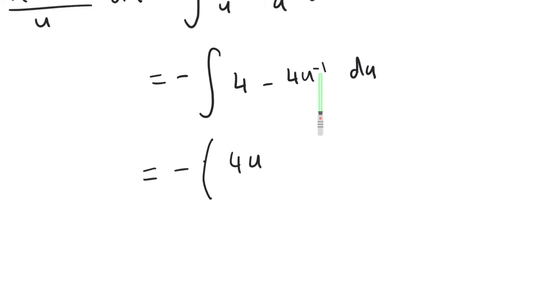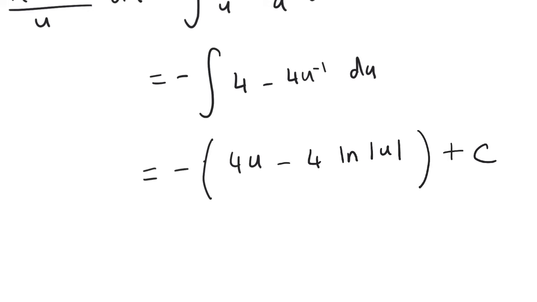Now with this one, if I increase the power by 1, what do I get? 0. Alarm bells should be ringing. This is not going to be 0. This is a ln. So what do I get? Minus 4 ln of u. Which equals plus c.